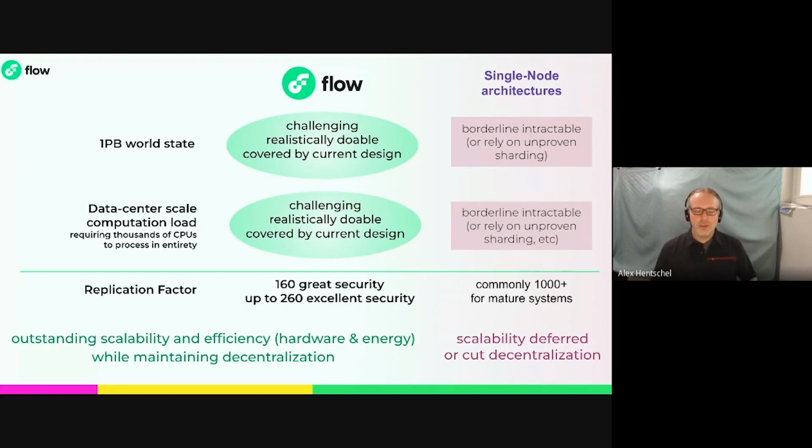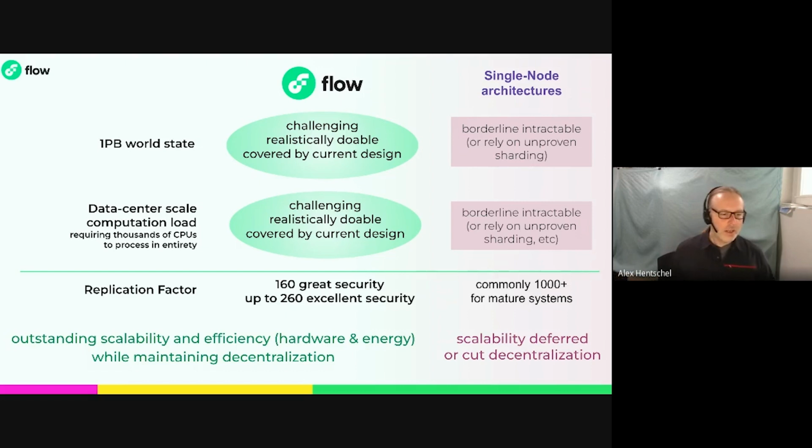The other thing is just the computational hardware, right? Imagine you want to process 1 million transactions per second. They can be highly parallelized, yes, but still processing 1 million transactions per second or even beyond that is going to require many, many CPUs. In Flow, the execution nodes will easily provide something like 1,000 CPUs per execution node, so per small data center, 10,000, 100,000 CPUs, no problem.